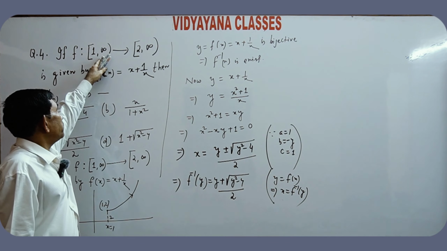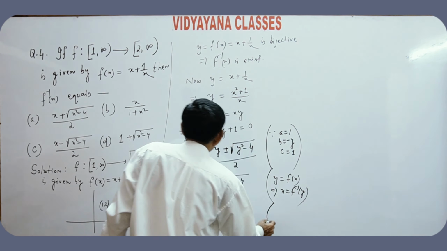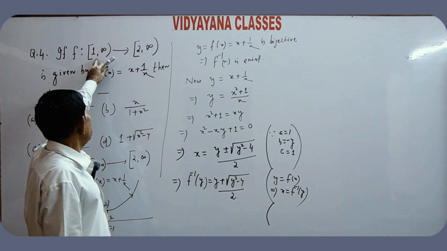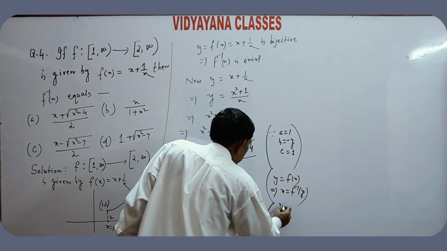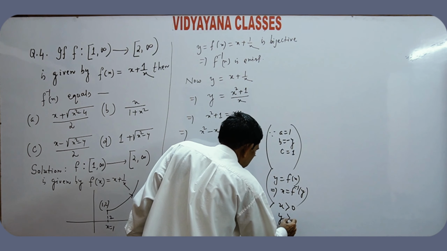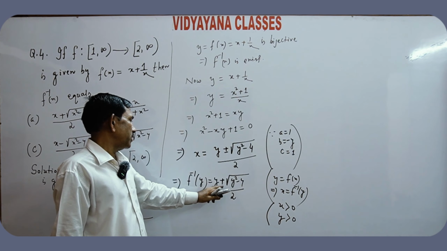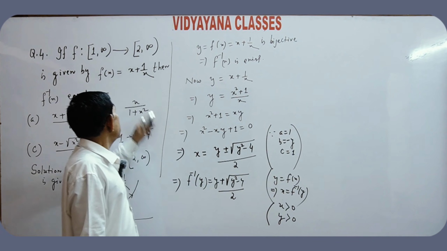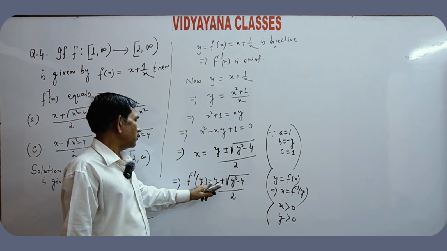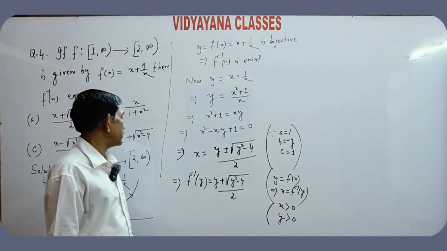Here x is positive and also y is positive, x greater than 0, y greater than 0. So we will take the positive sign.